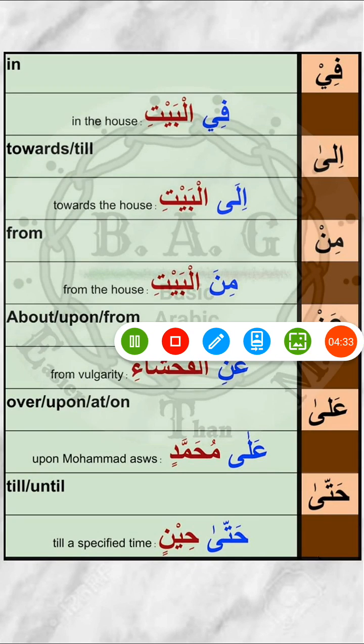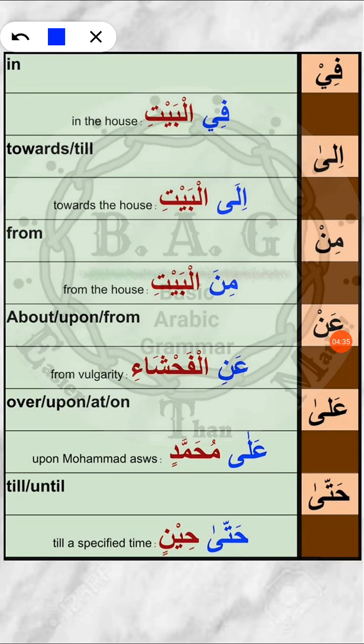So all these, about, upon, from, are various meanings of the same preposition an. It's going to be very obvious from the context which meaning you need to take. So don't worry about so many multiple meanings. It's going to be very obvious to you.